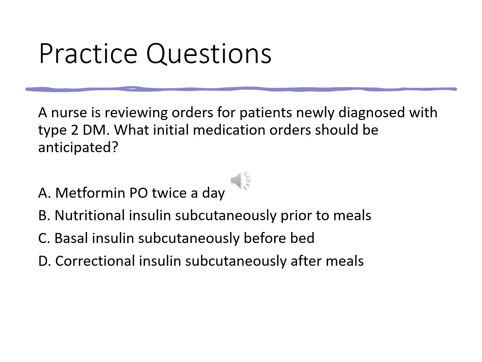Unless there's some reason we think they're allergic to it, we're going to start on metformin twice a day. It could be once a day, but twice a day is not a bad thing. Insulin can be used later if we cannot maintain our glucose control. Really, B, C, and D are used for type 1 diabetes. So type 2 is typically the oral medications, and we start with the biguanides, which is metformin.